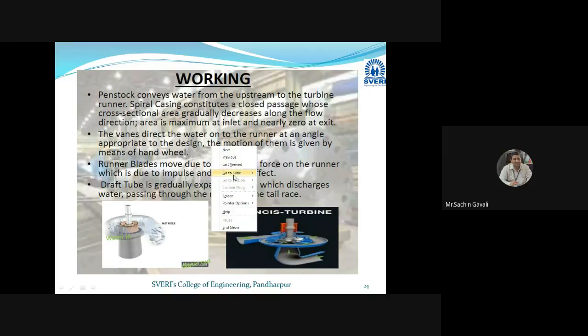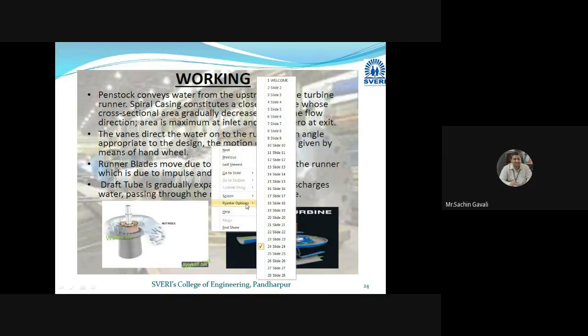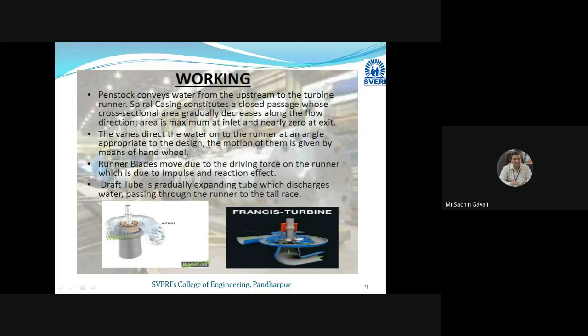There are two diameters of the runner, because water is entering at one and leaving at the other. The runner has diameter D1, called the internal diameter, and the outlet diameter, or external diameter, D2. D1 is less and D2 is going to be more.